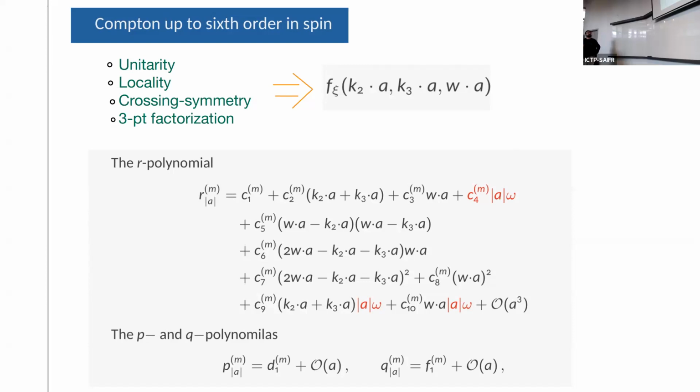It has contributions from these operators in red. But you can also enlarge the basis of spin operators by allowing these mod 8 operators. This mod 8 operator turns out to have a very interesting role in the matching to the black hole perturbation theory computation, because they capture absorptive effects at the horizon.